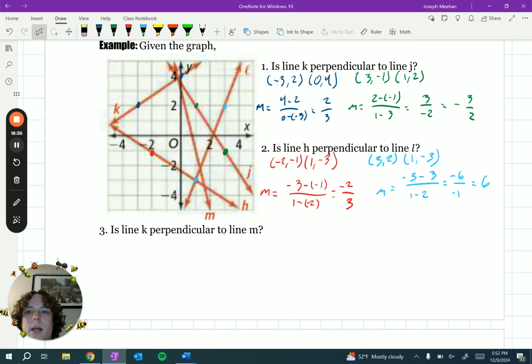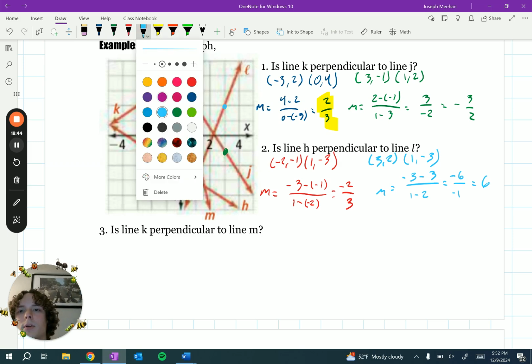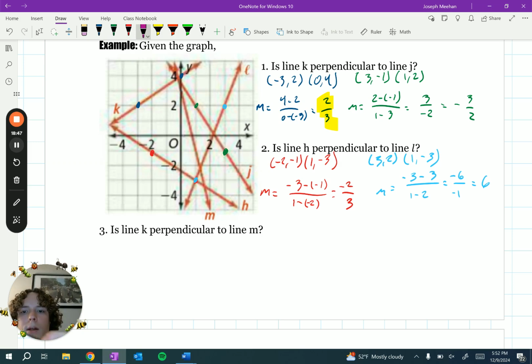Last one, is line K perpendicular to line M? Well, we already have the slope of line K. We did it up here. It's 2/3. So let's just figure out the slope of line M. And let me get a different color here. Let's do purple. Line M, looks like we have a point at 1, -1, and we have a point at 0, 3.